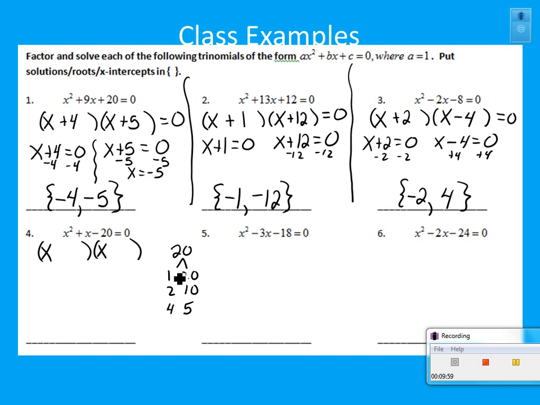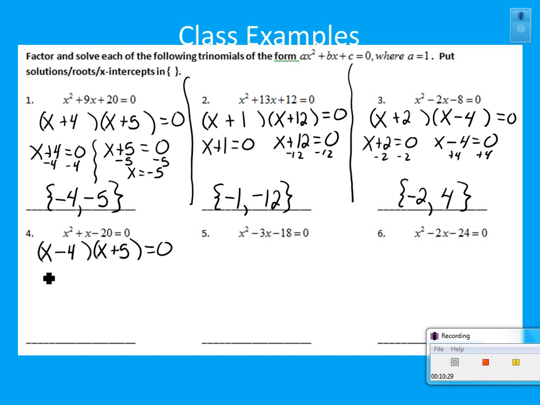Well, there's no way to make those two add up to be positive 1, nor those two. But I can make these two add up to be positive 1 if I use a negative 4 and a positive 5. So I'm going to go minus 4 and plus 5. Now set each of those parentheses equal to 0.